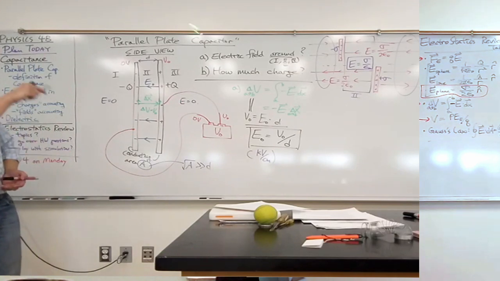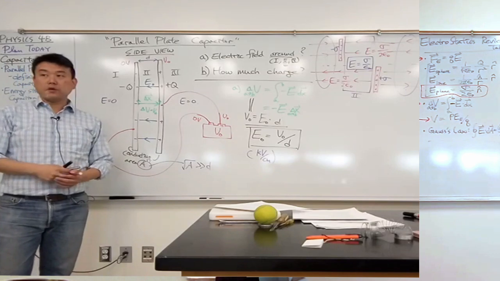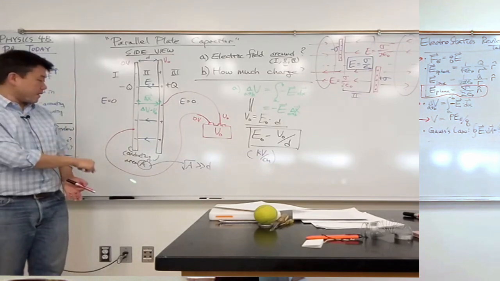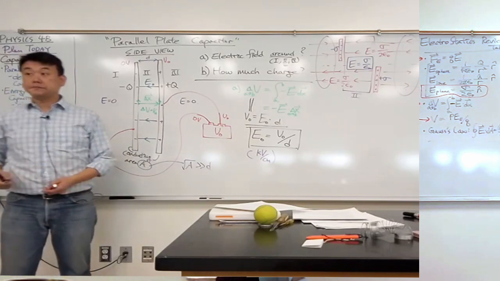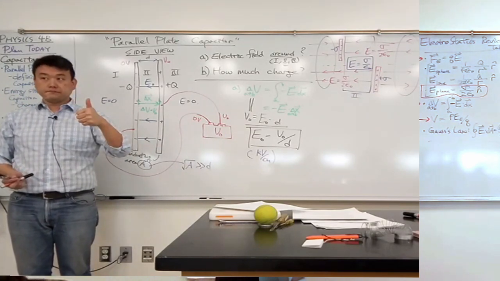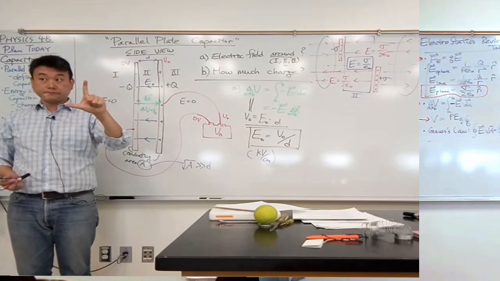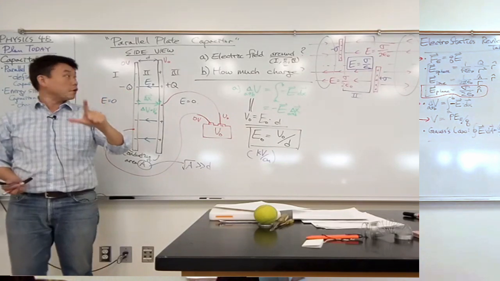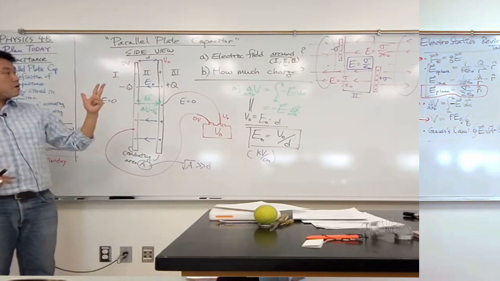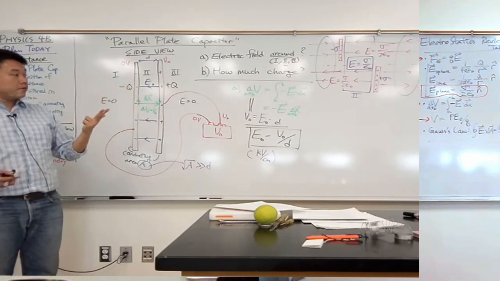So, about this picture, what do we know so far? Like, what dynamic quantities about this situation do we already know? We know voltage difference. We know electric field. Okay, distance, yeah.